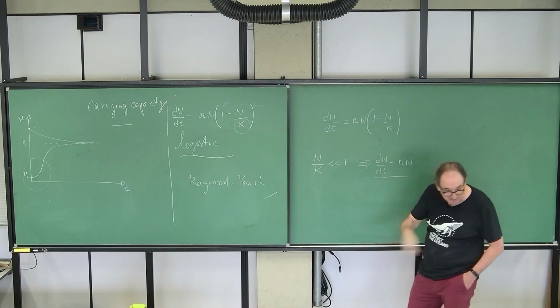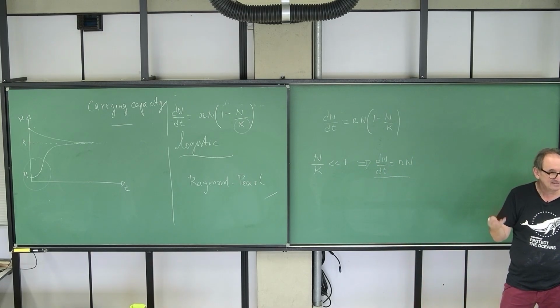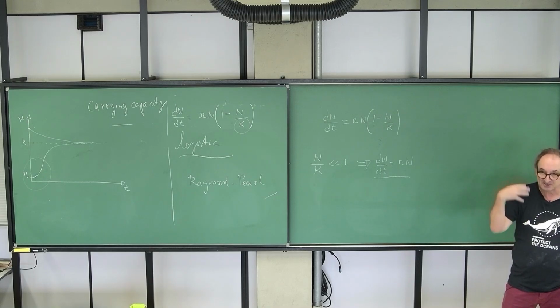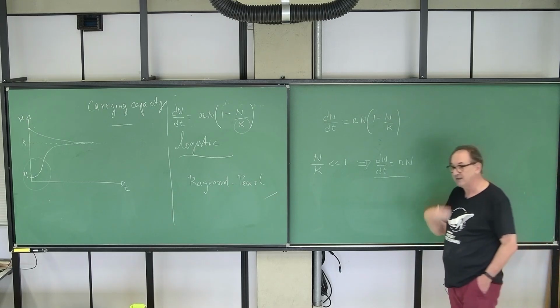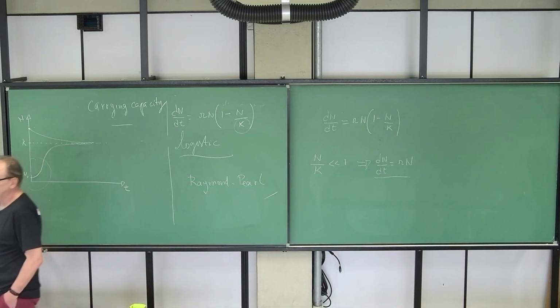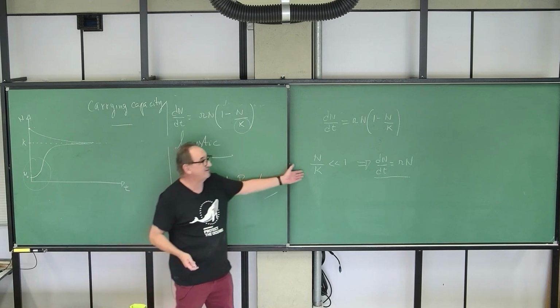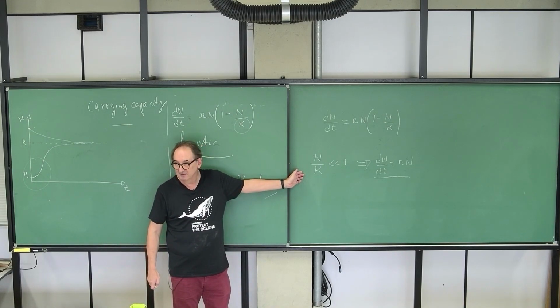So if you start with a small population, and now we can speak about small populations, a small population in this framework is one whose size is much smaller than the carrying capacity in this environment.